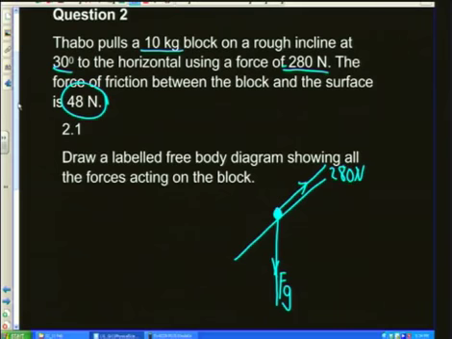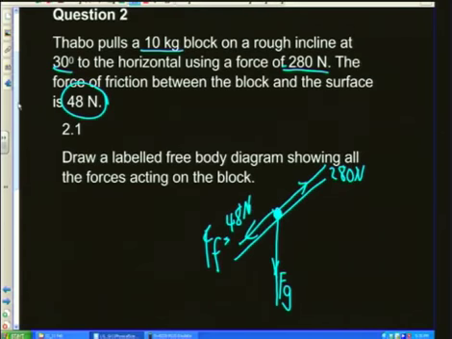Now there's also friction of 48 newtons. Friction will always oppose motion, so it will be in that direction there. So that's your frictional force. You can actually say it's equal to 48 newtons.